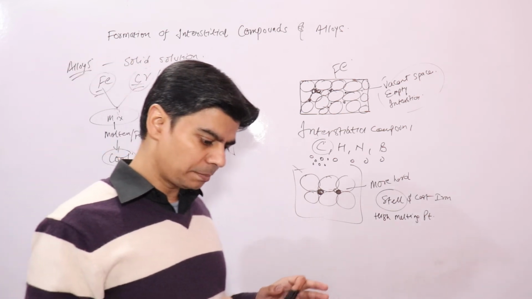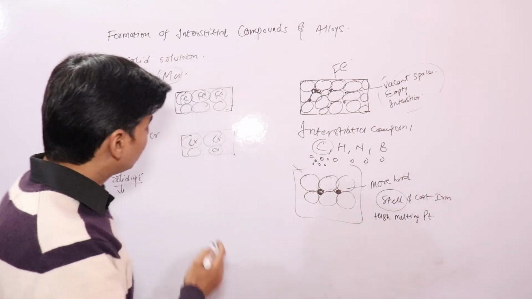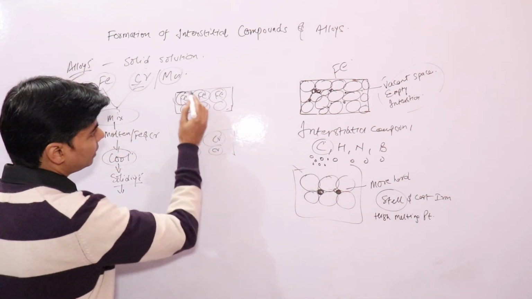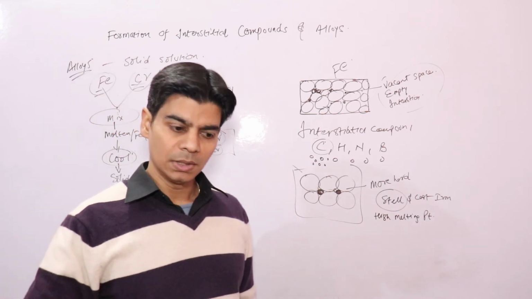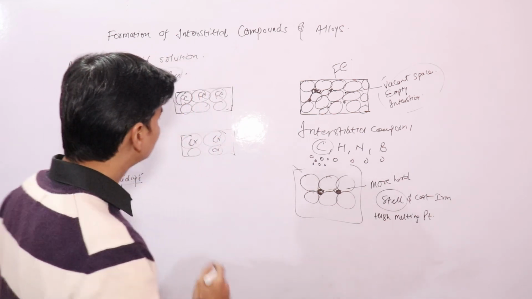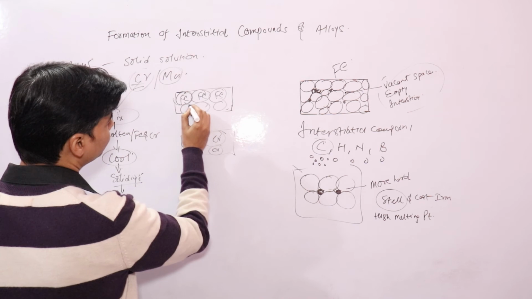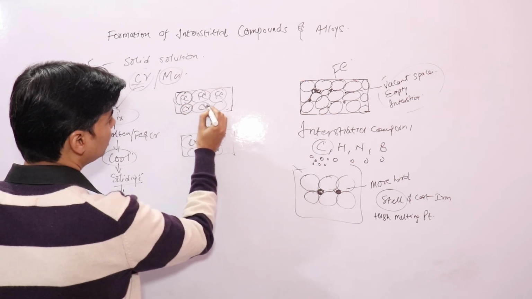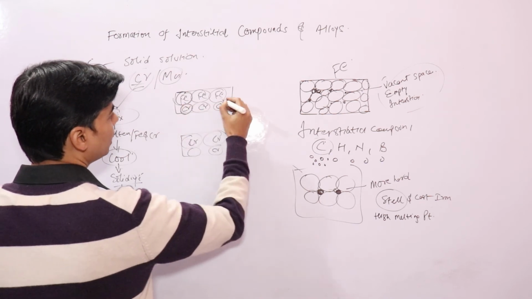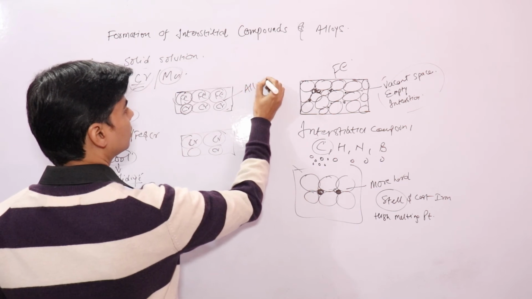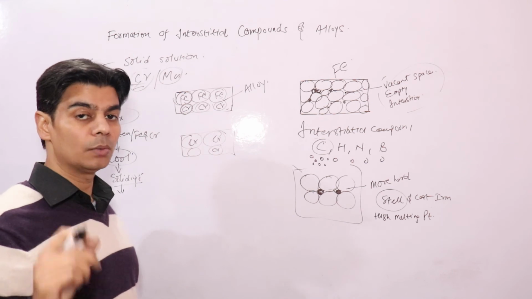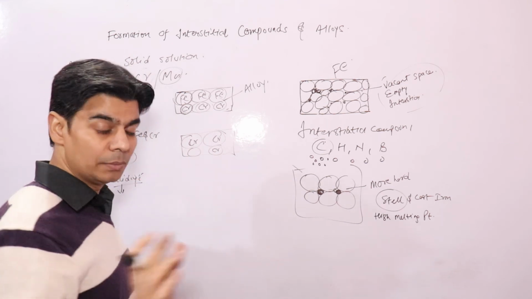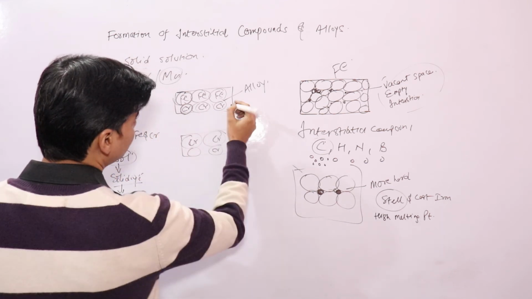Because the size of their particles is the same, chromium can replace iron and iron can replace chromium in the crystal lattice. Say if I replace 3 particles here with chromium, this is your alloy. And why can they replace? Because of their same size.